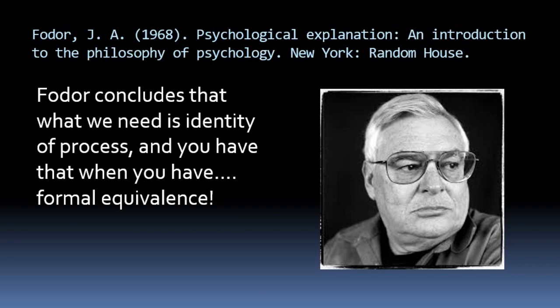So that's Fodor in 1968. That's his conclusion from analyzing the Turing test. The Turing test is not nearly sufficient to say that something is intelligent. What you need is something vastly stronger, which is formal equivalence, in the sense that we talked about before.